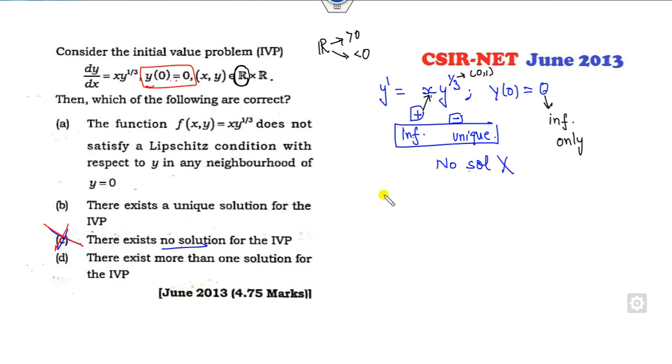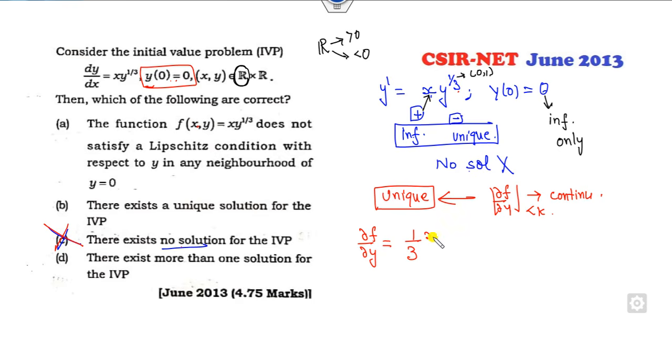Now, when will it give you the unique solution? As I mentioned in the earlier tips, if you prove that this function is continuous, or if you prove that this is bounded. So what is that? f is this. What is the partial derivative of f with respect to y? (1/3) x y^(-2/3).